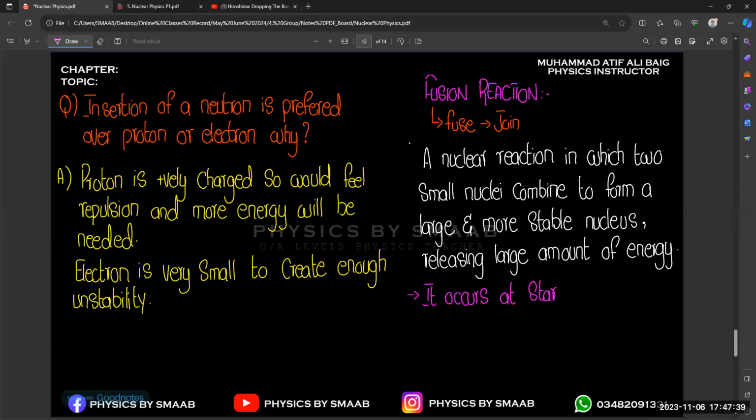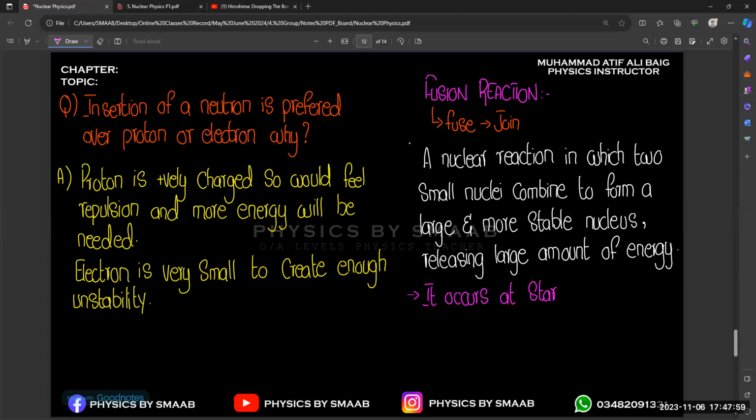Because we also consider the sun as a star, this fusion reaction also takes place on the sun, right? Any confusion?